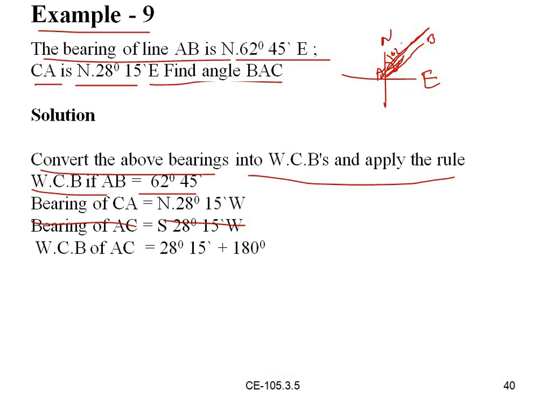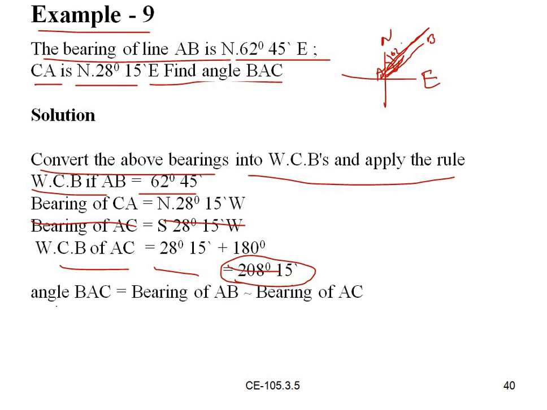So the whole circle bearing of AC is equal to 28 degrees 15 minutes plus 180 degrees, we will get 208 degrees 15 minutes. So here angle BAC is equal to bearing of AB minus bearing of AC, that is B, and this will be the C. So 62 degrees 45 minutes minus 208 degrees 15 minutes.